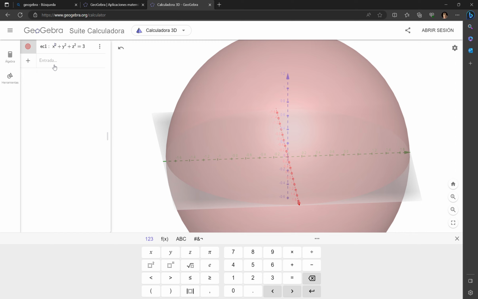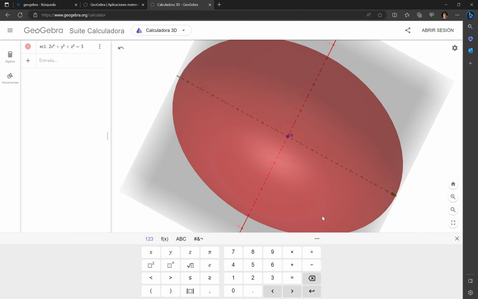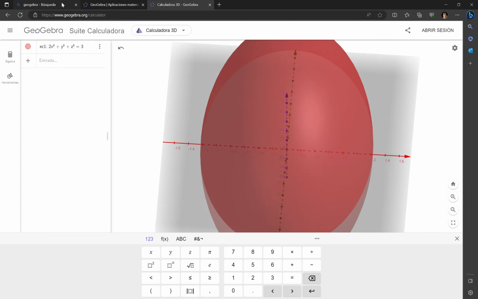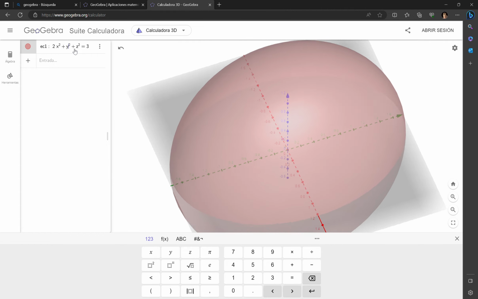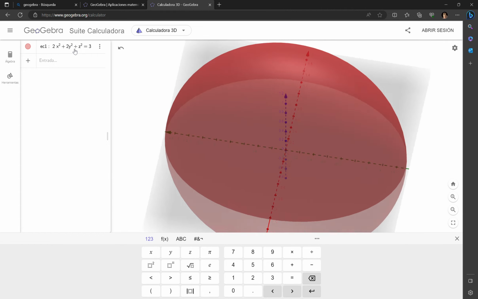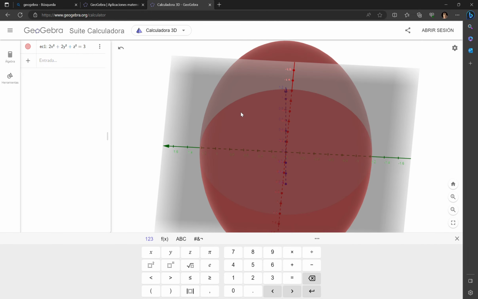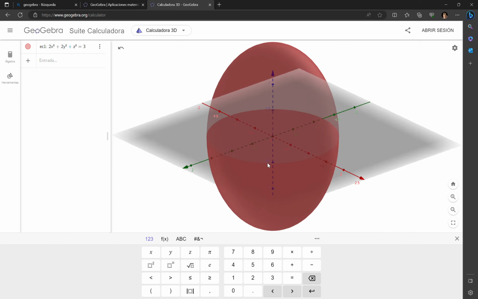But if we write another number in x, it will change. It isn't a sphere, it is another geometrical figure. For example, we write that and it looks like an egg.